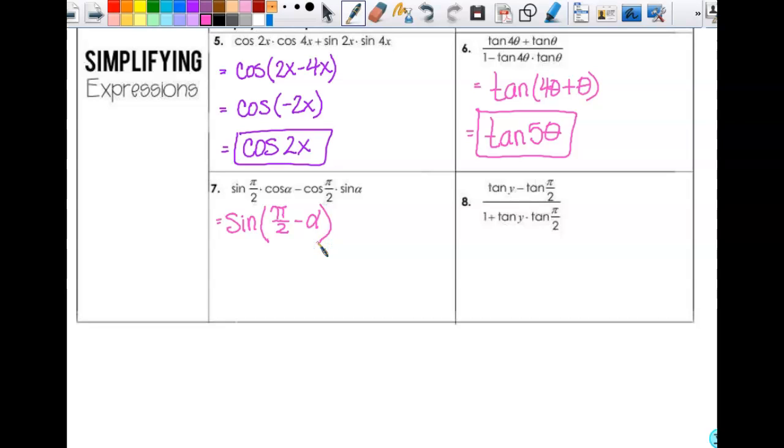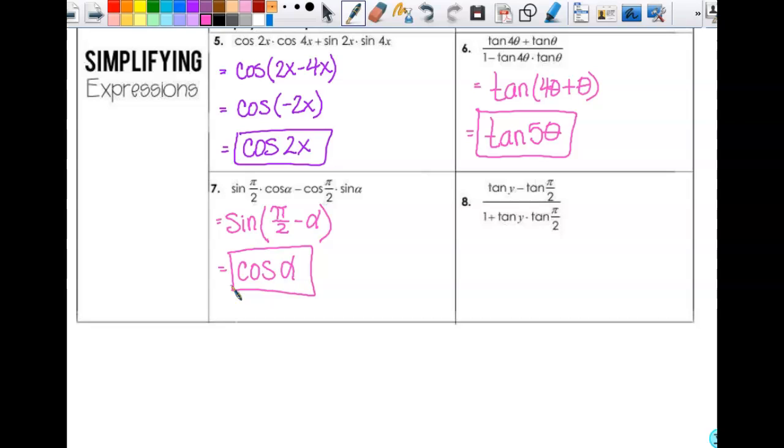Then that looks like something we've seen before, right? If you look at your cofunction identities, you can find sine of pi halves minus theta. That's equal to cosine theta. So this would be cosine alpha.